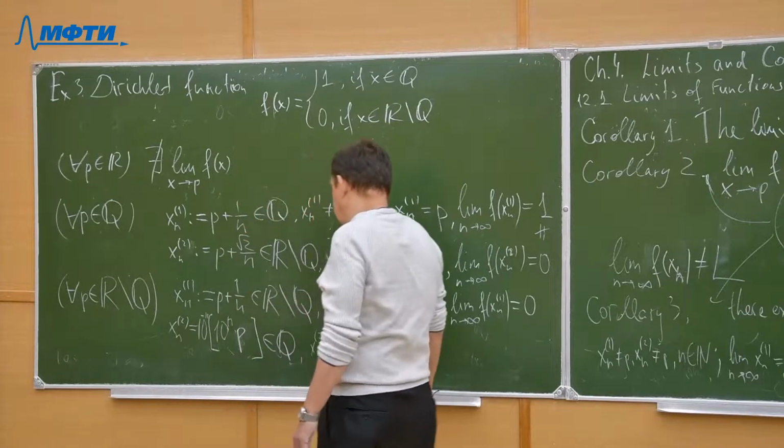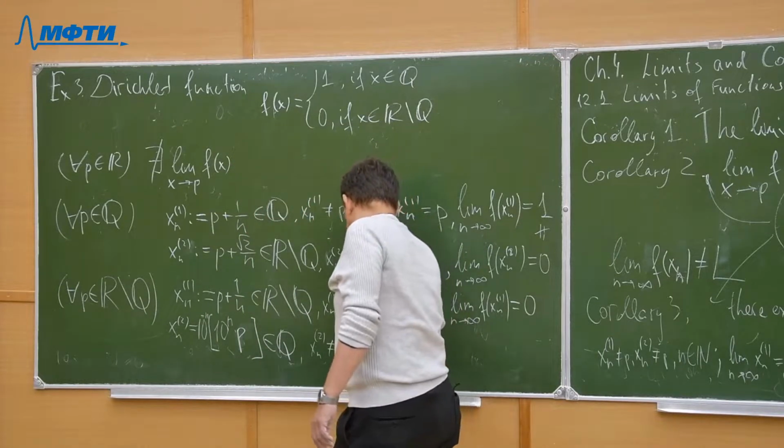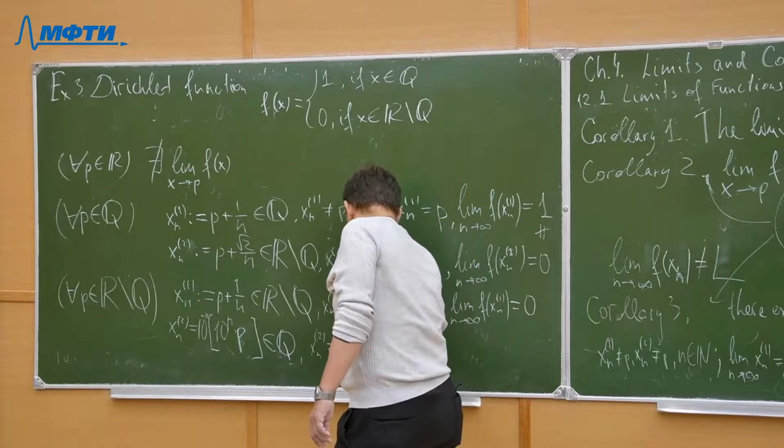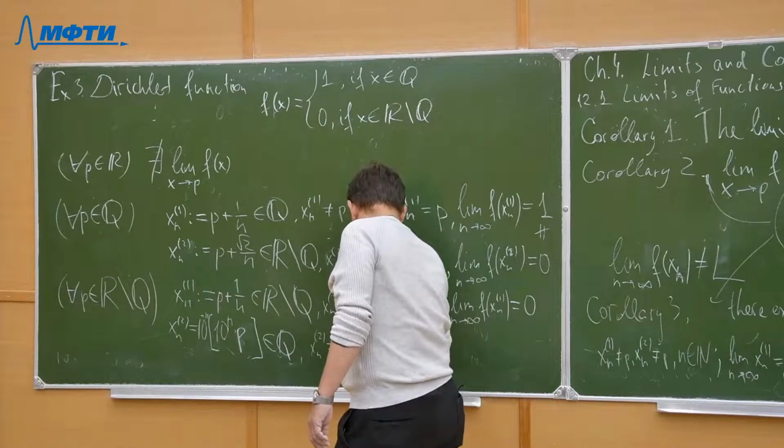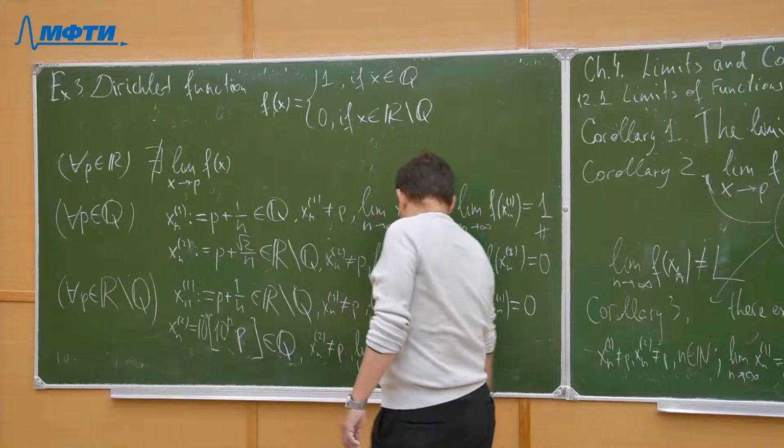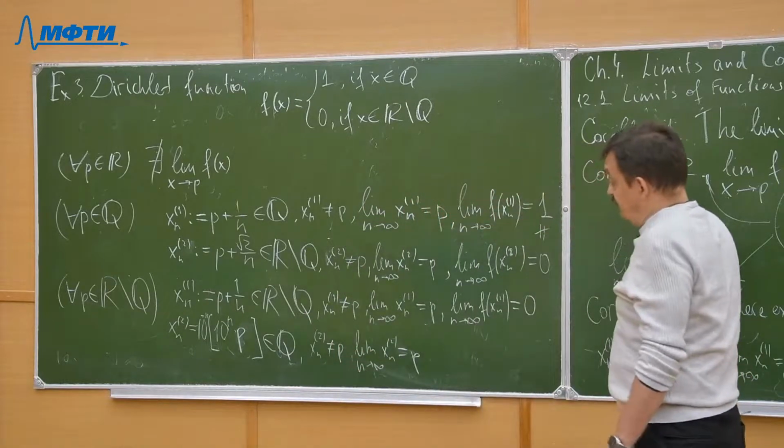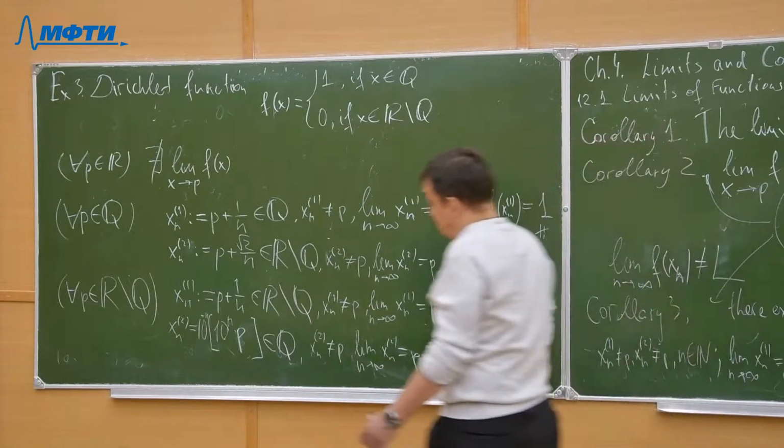And the limit of xn2 is p. Why? Because look what we did.